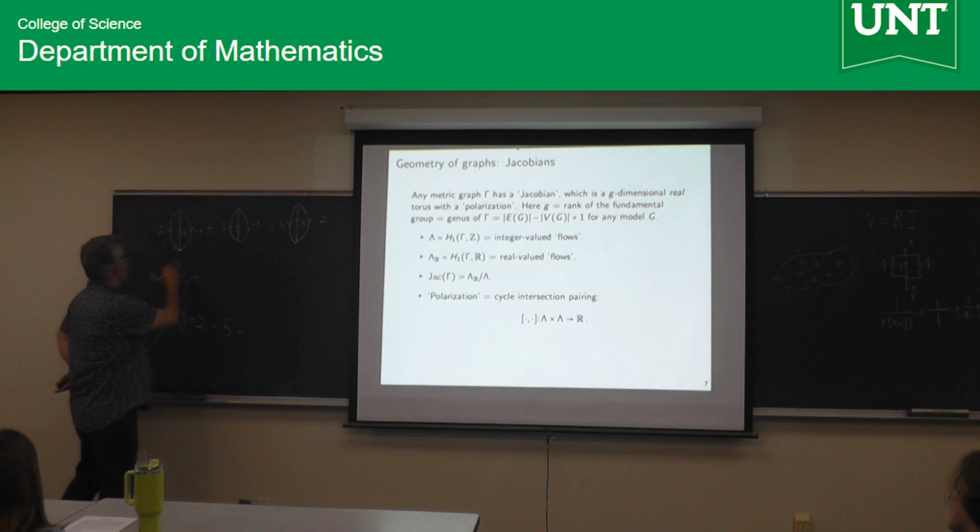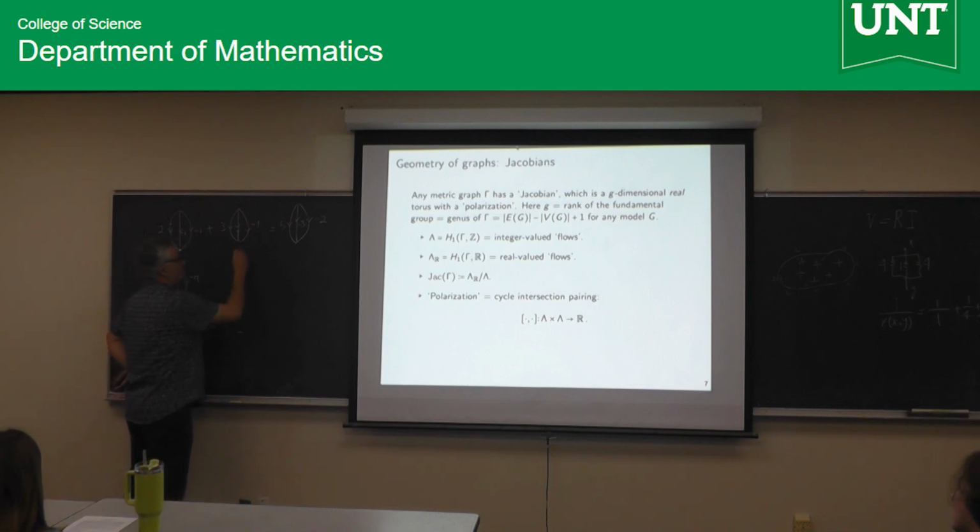So it turns out these flows have some basic flows. So some basic flows are these cycles. So if you pick a cycle in your graph, I'm going to forget the other edge. You can put 1 and minus 1. So you can go around the cycle and make a flow out of that.